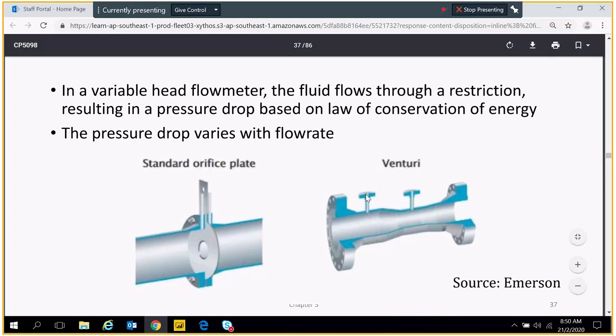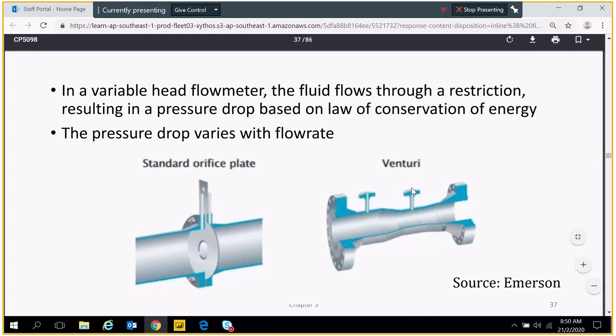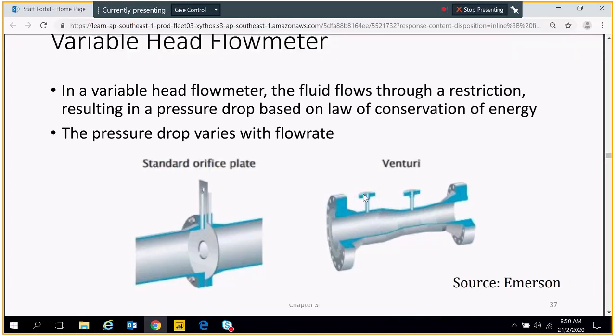Remember your process instrumentation and control. You connect tubing. This tubing is a very small diameter pipe, maybe 1/8 of an inch or 1/16 of an inch. This tubing is made of metal, carbon steel or stainless steel. So this is high pressure, this is low pressure.